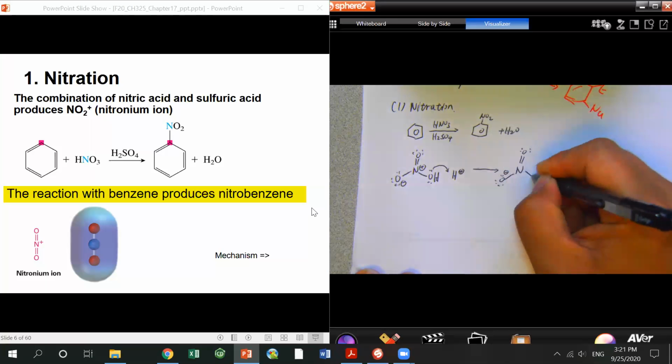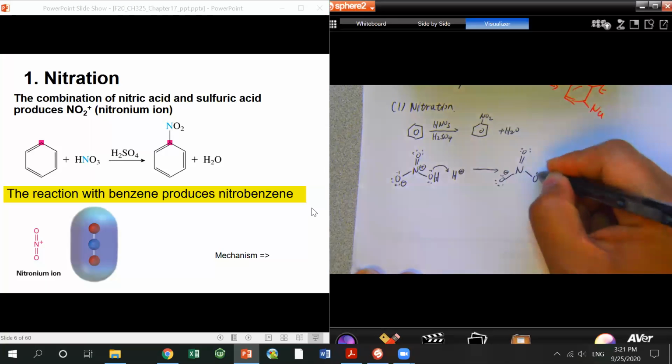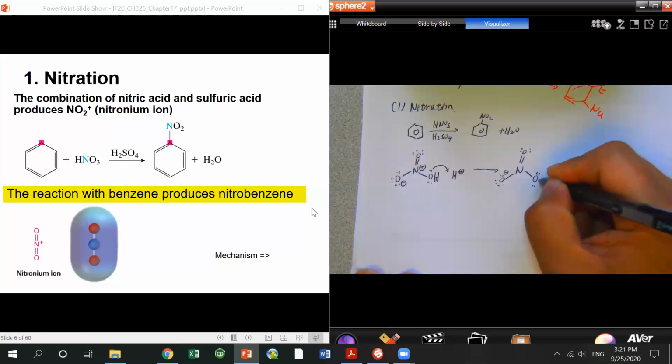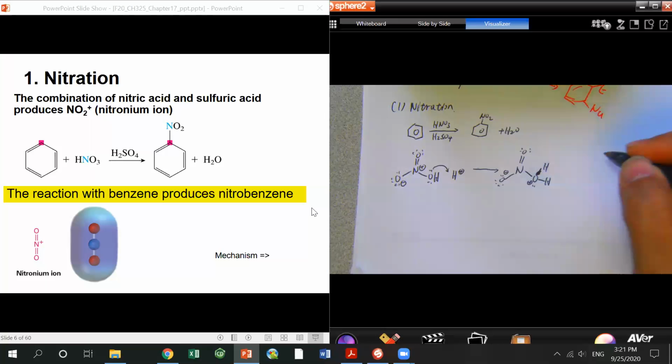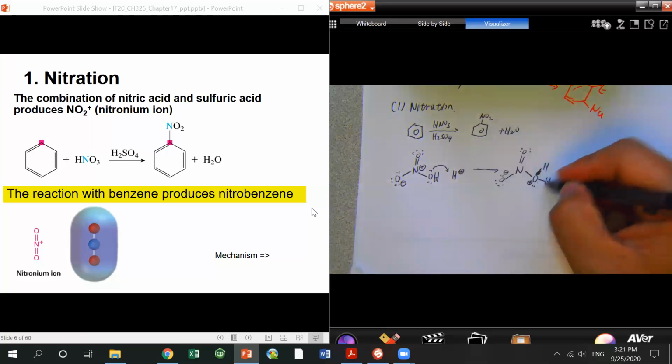Similar to the alcohol, it needs a leaving group, so you need to convert it to a better leaving group. So it should be OH here, another H here. The OH cannot leave by itself, but once you pick up one proton to become water, that will be easier.